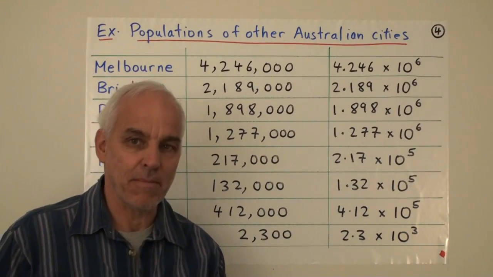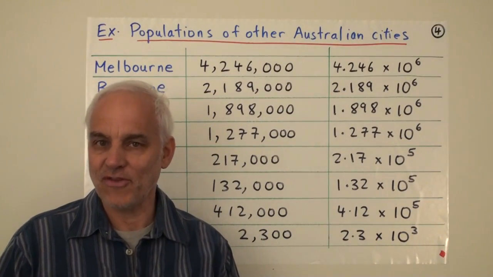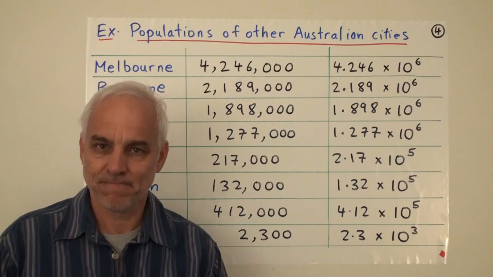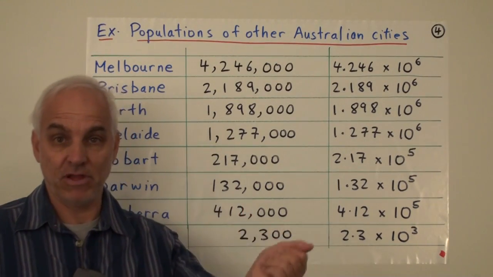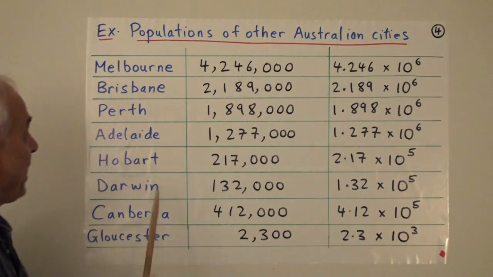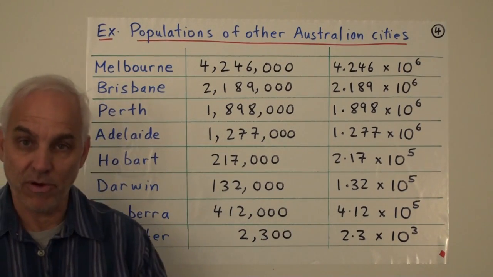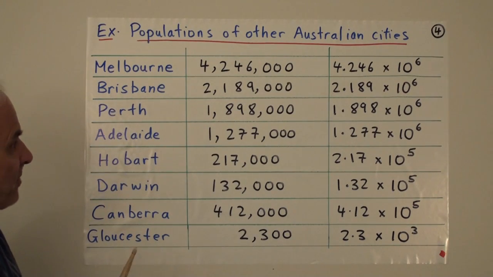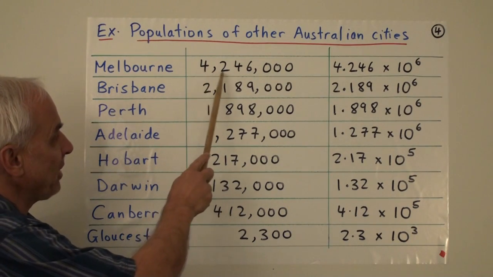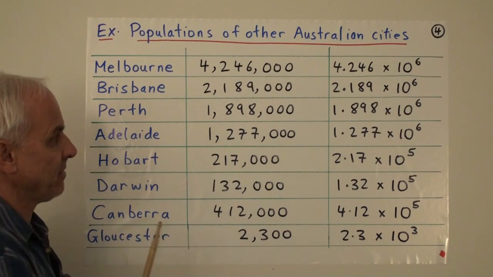All right, I want to show you some other Australian cities and their populations. So we've already talked about Sydney having 4.5 million people. The next biggest city is, of course, Melbourne, which almost has as many people as Sydney, but not quite. And that's 4,246,000.